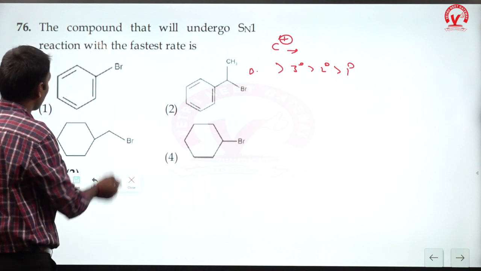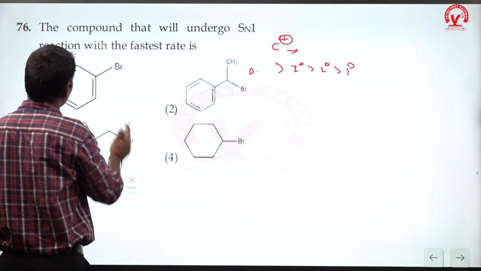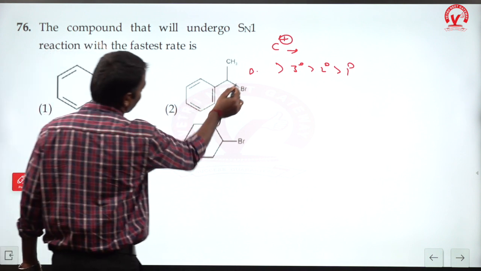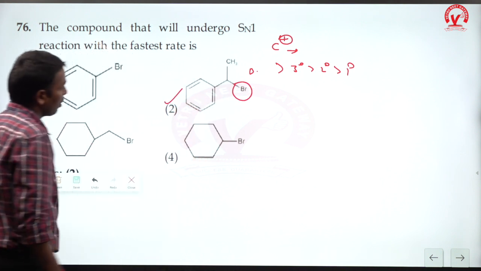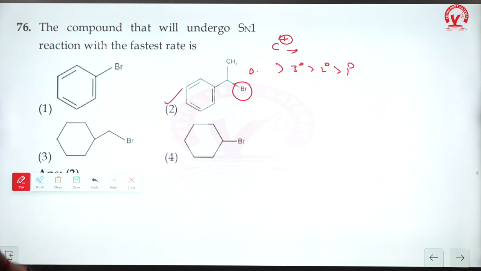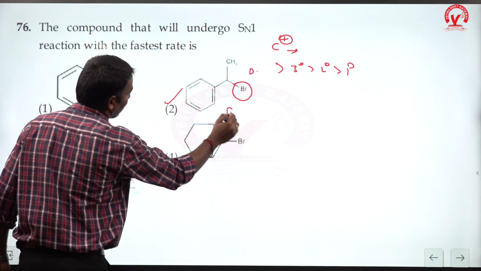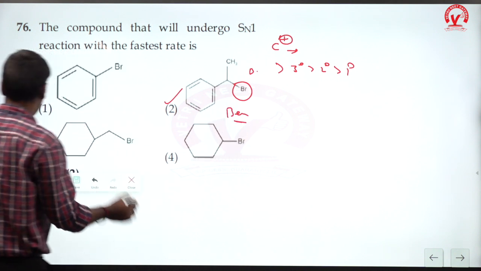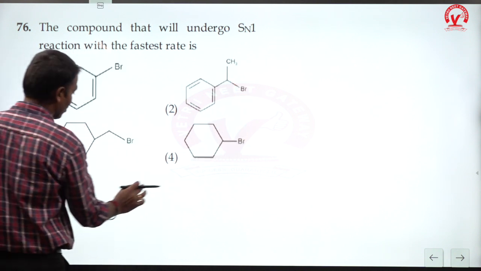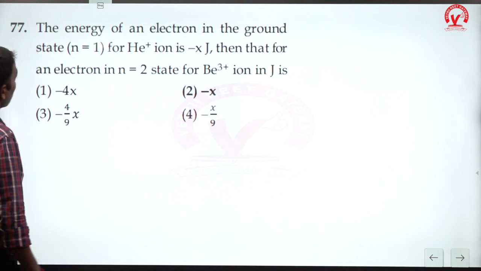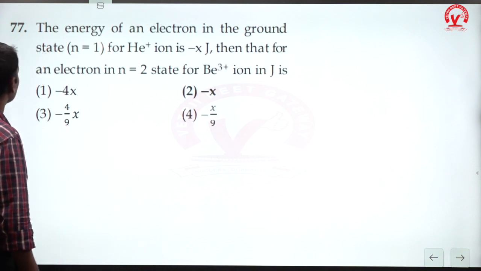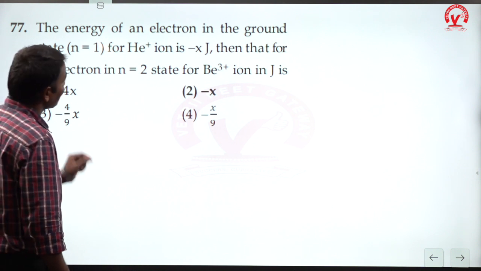So we can observe here phenyl chloride, and here it is benzylic chloride. So we can take option 2 as the correct answer, as that will give a benzylic carbocation, right? That is the correct answer. Then move on to the next question. Question number 77. The energy of an electron in the ground state is minus x kilojoules.